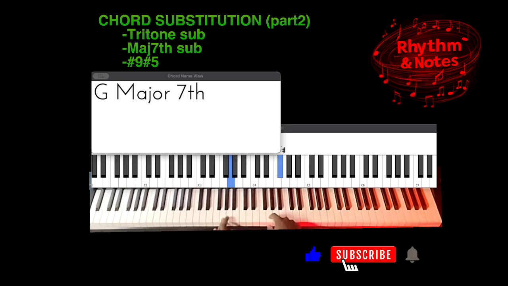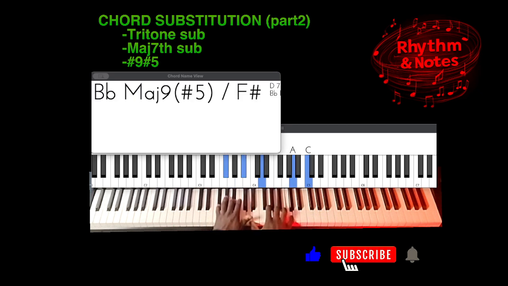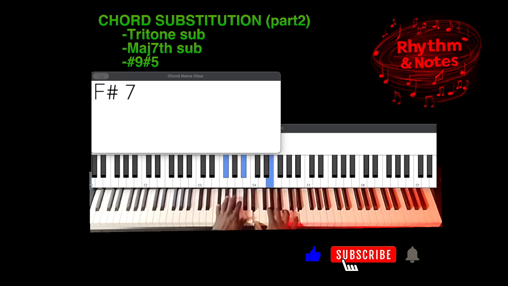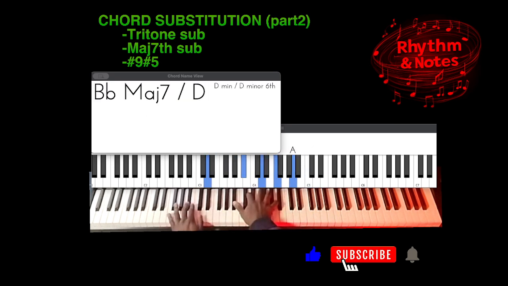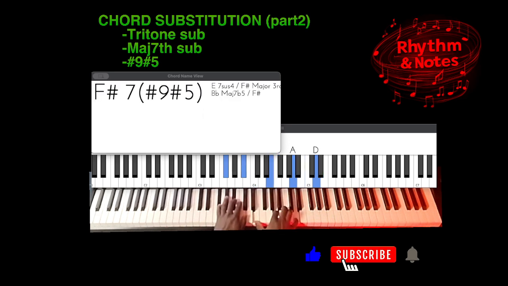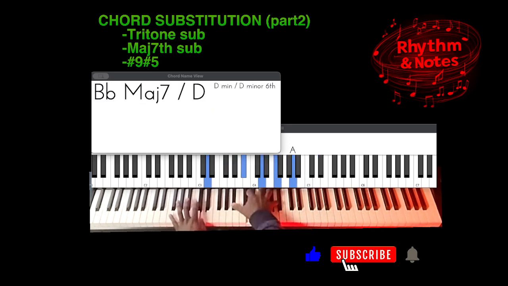Right. So we're gonna substitute G flat for G, and that gives you this. Come back to this chord. I think we played this chord already. Right. See, it makes sense, right, guys?